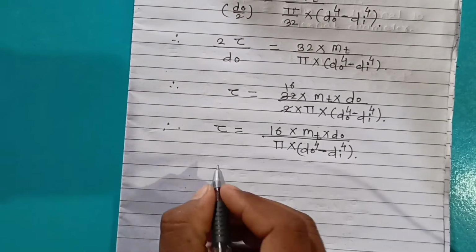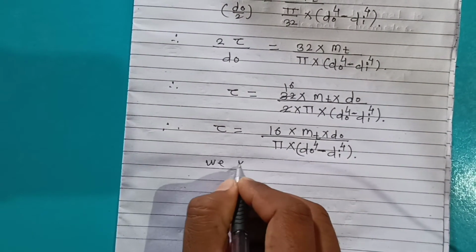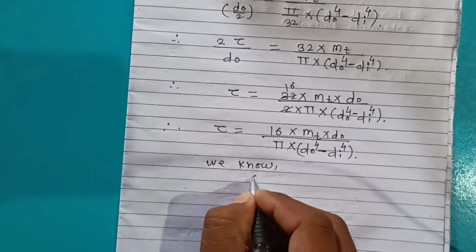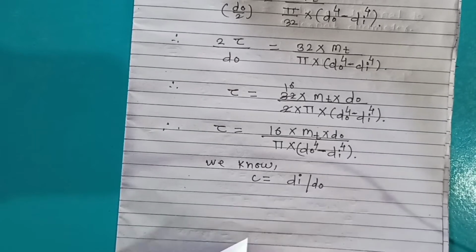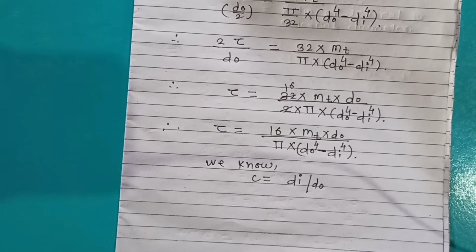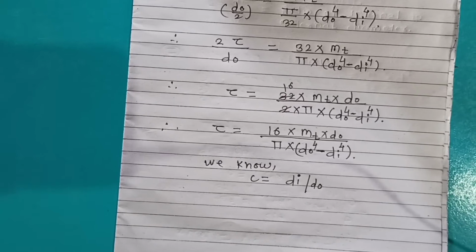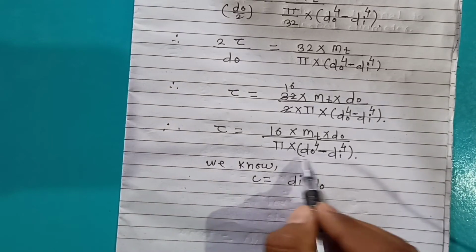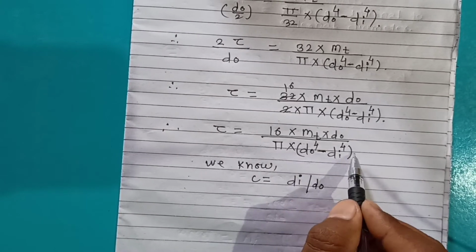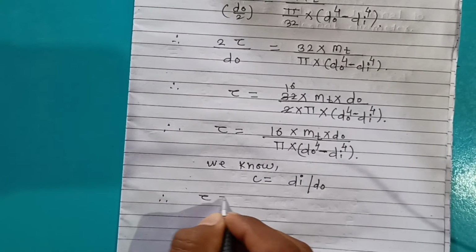Then we know c is equal to di by do. Now multiply and divide by do raised to 4 for this bracket.